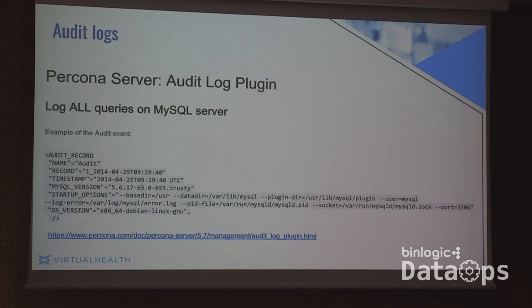The audit log will record the user that did the query itself, and the timestamp, so that if something happens and you want to investigate, you can use the audit log for that.